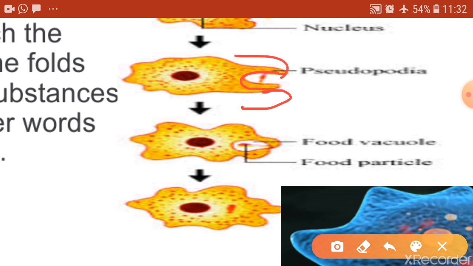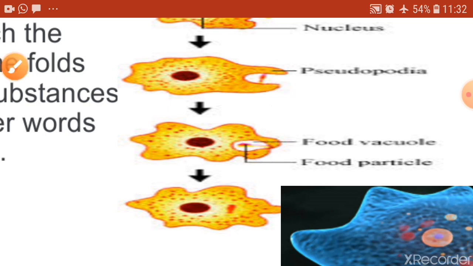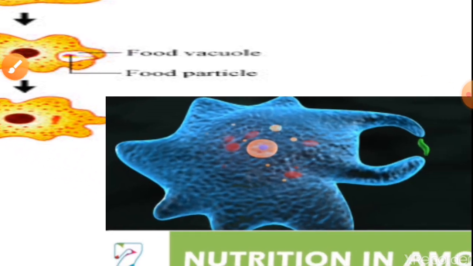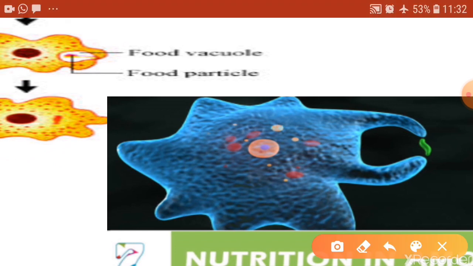The pseudopodia totally encircle the food, and this results in the formation of a food vacuole, where the food is digested. This type of cell feeding, where the cells take in food by making a cup-shaped invagination because of the pseudopodia, is called endocytosis.